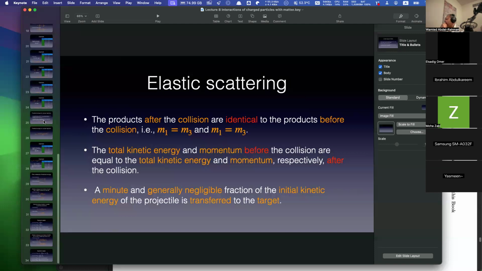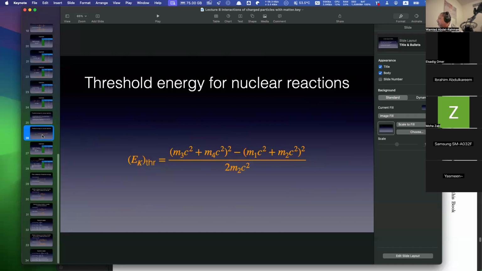We also looked into the threshold. We can calculate this using these formulas and determine whether the interaction is going to happen, so this is when we have an endothermic nuclear reaction. What is the minimum kinetic energy required by the projectile in order for this nuclear reaction to happen?